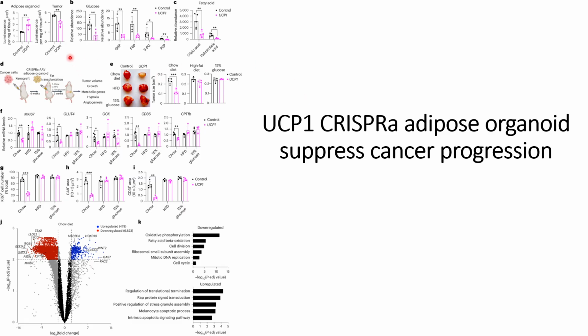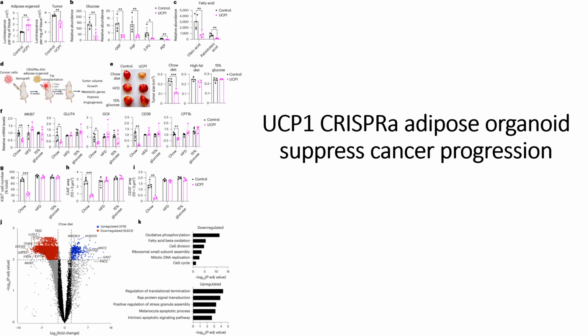So they designed experiments where they did a similar thing, that is, xenografting cancer cells. After 6 weeks, they transplanted the CRISPR adipose organoid with the UCP1 gene transfected, and for the control, the VP94 gene is transfected.